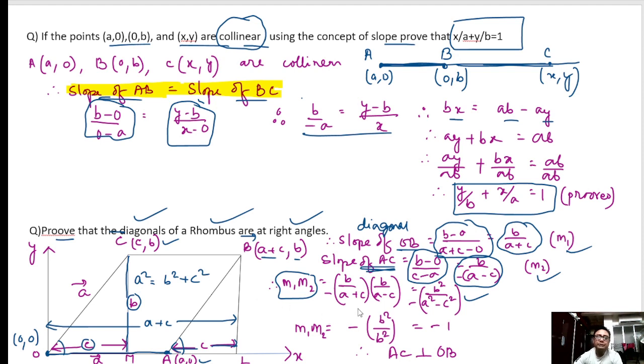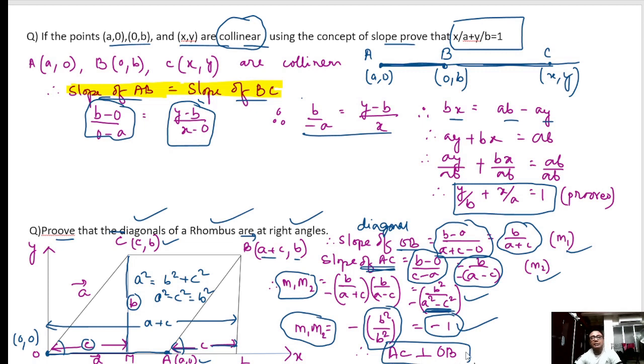So A square minus C square should be B square. That means here we put B square, and this is giving us -1. The product of the slopes of the diagonals is coming -1, that means they are perpendicular.